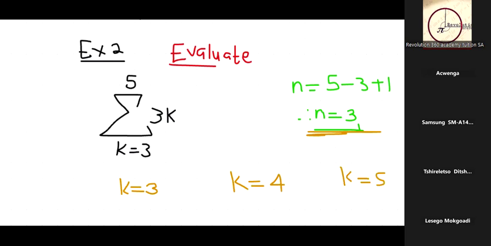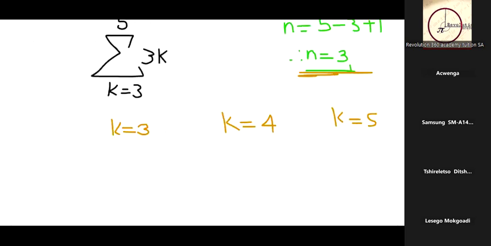It's very important. Then after that, we're going to develop a series. You take this, remember, that is 3k. So you write 3k here and 3k there. Since it's a series, you say plus. You write 3k again, and plus again.